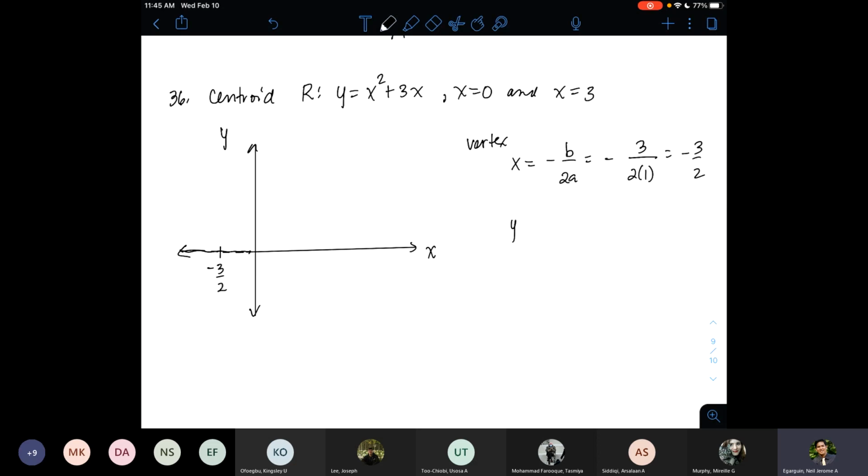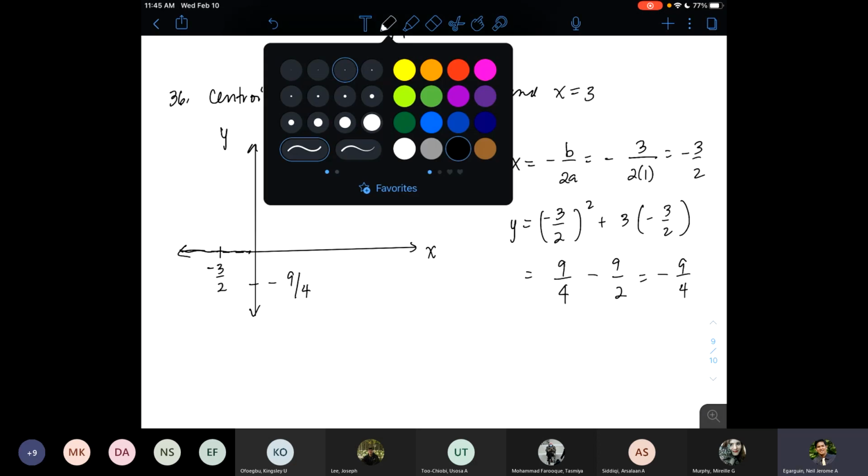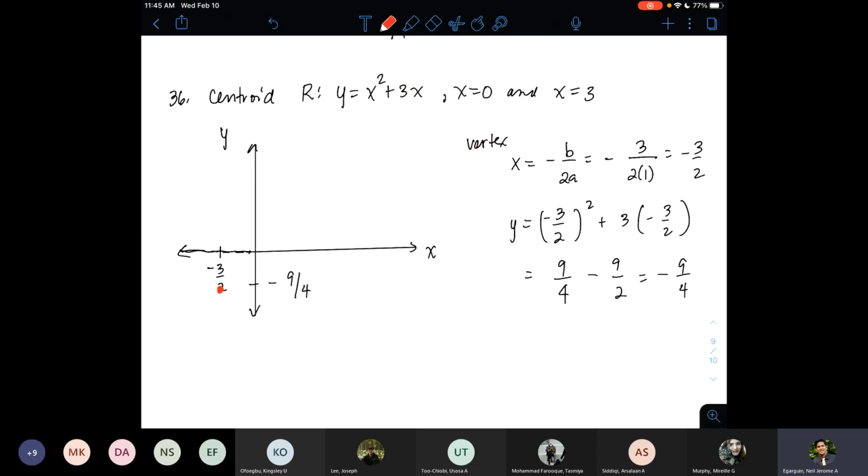If x is negative 3 halves, then y is equal to negative 3 halves squared plus 3 times negative 3 halves. So y equals 9/4 minus 9/2, which is negative 9/4. So the vertex is at negative 9/4. Again, my disclaimer, my figure will not be drawn to scale.